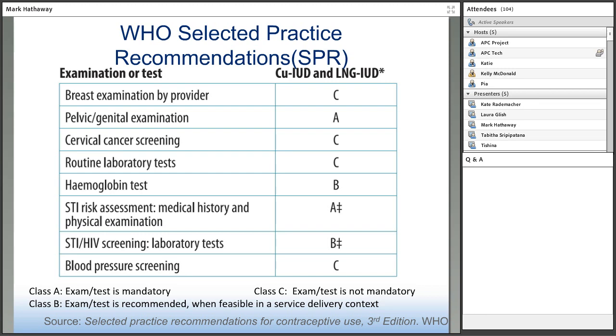Ideally, you'd have access to STI screening tests or even a hemoglobin test, but again, an STI test is not mandatory or an exam mandatory for an IUD insertion. A good look at the cervix, in many cases you can discern with going over a medical history with a patient, you can discern whether an infection is present or where you may want to avoid inserting an IUD.